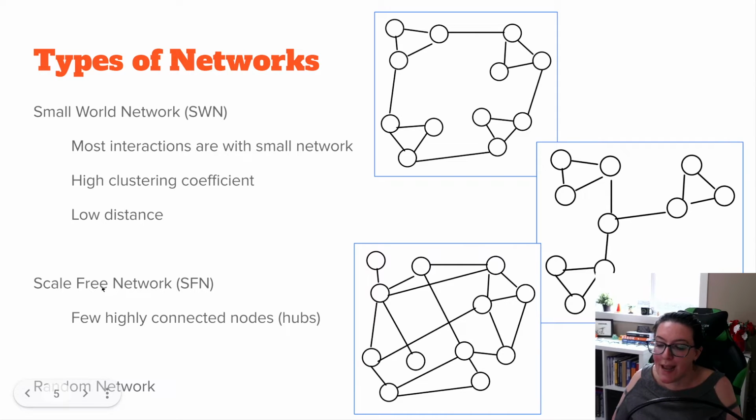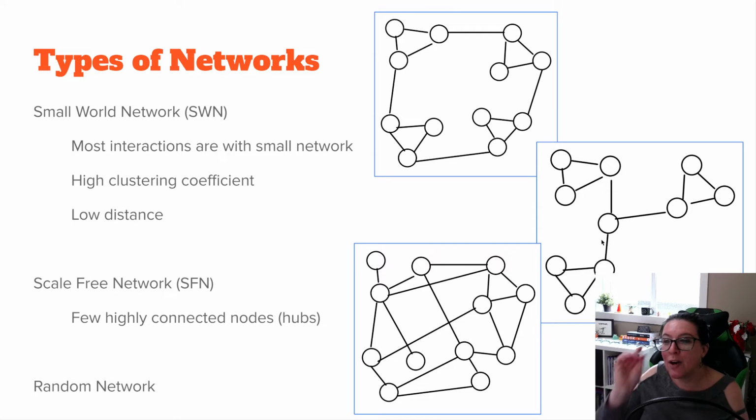In comparison, a scale-free network, an SFN, has a few highly connected nodes. So notice these communities are here, but they all get their information or share based on this one high influencer. So this would be like on social media, you have an influencer that spreads information to all these different groups. So it's a hub. We could also see this, for example, with airlines.